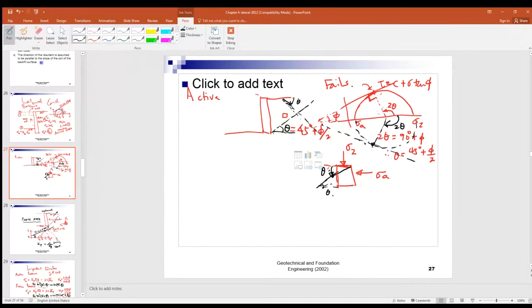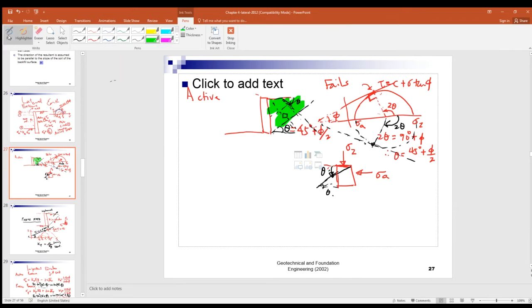So in other words, the soil here will fail in 2 sets of the failure plane, right? That's why for the active pressure, the soil wedge will fail along this plane at 45 degrees plus phi over 2, right, to the horizontal.